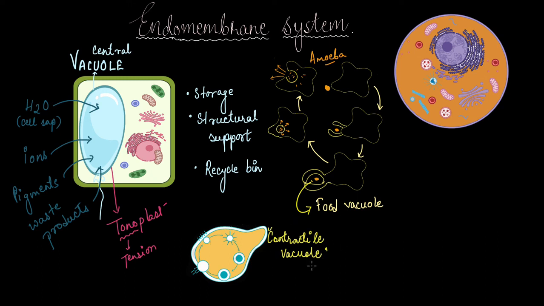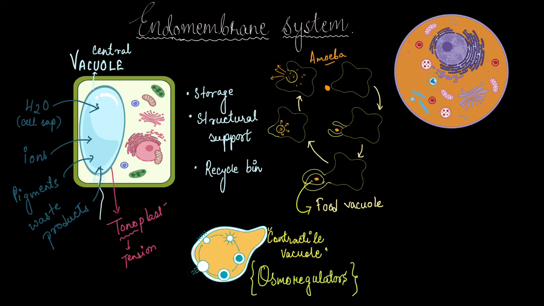So the contractile vacuoles are nothing but the osmoregulators, because it is this contractile vacuole that maintains a constant osmotic pressure and balances the salt and ion concentration inside the cell, keeping it alive. So these are the different types of vacuoles that we see in living cells, which are a part of the endomembrane system.